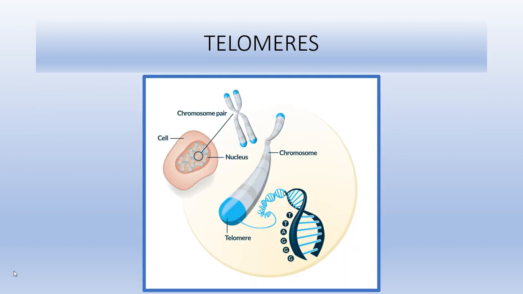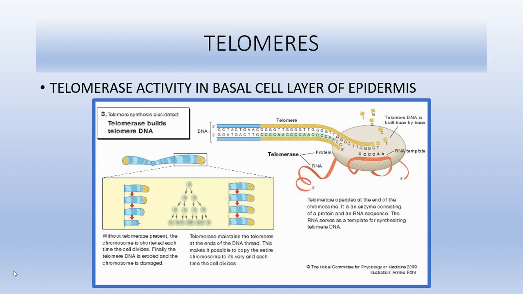The telomeres are fixed structures of repeating bases at the end of the chromosome, and again, with time, repeated reproduction leads to the inability of the DNA to replicate.